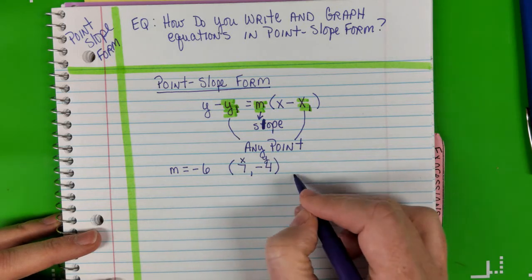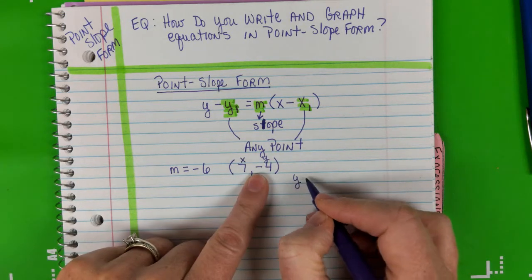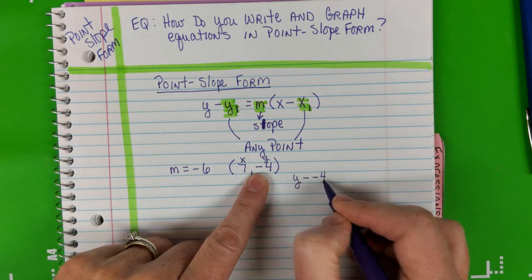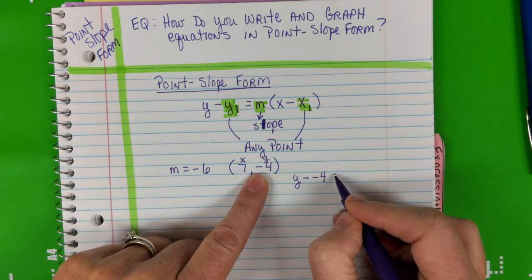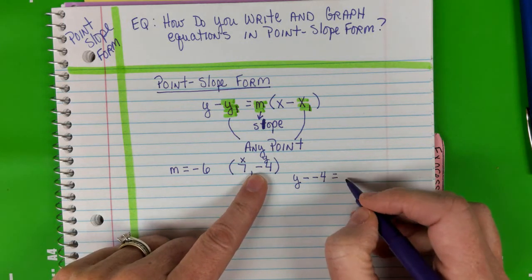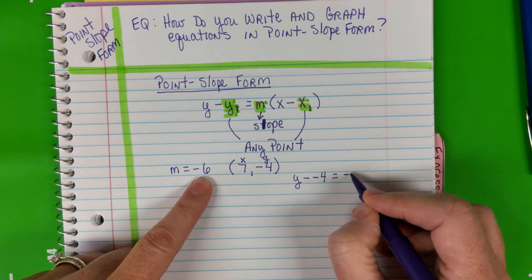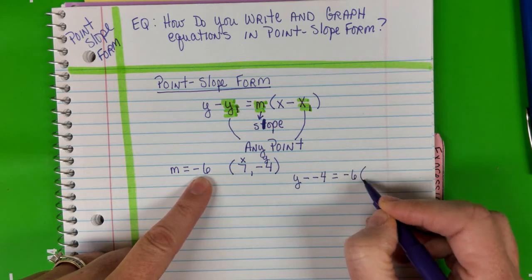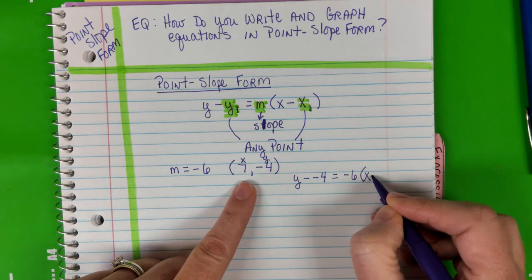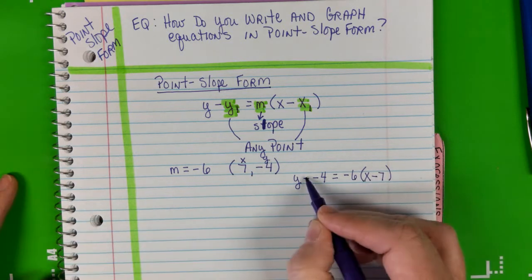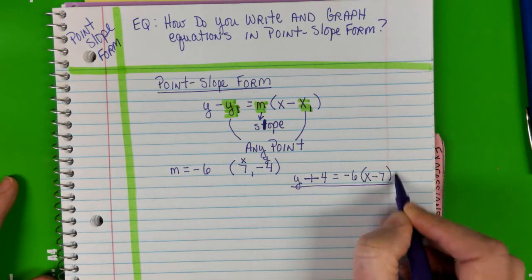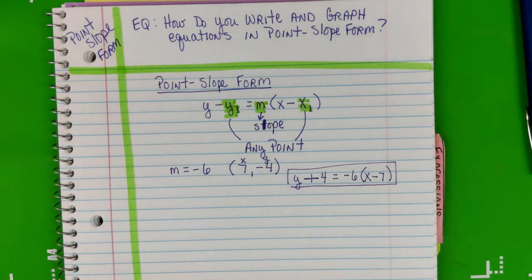So we're going to say y minus -4, which is actually going to turn into a plus, equals m, which is -6, times x minus 7. And it's simple as that. That is point-slope form. There's nothing else you need to do.